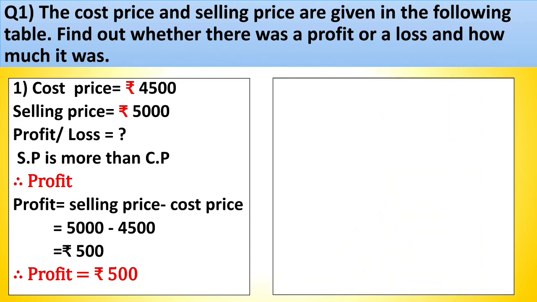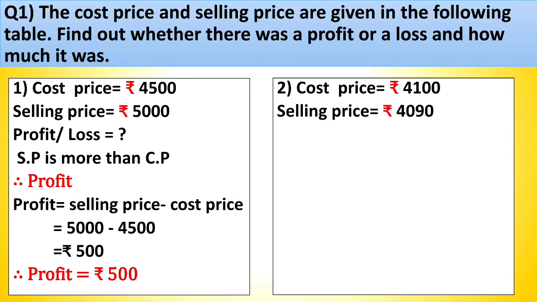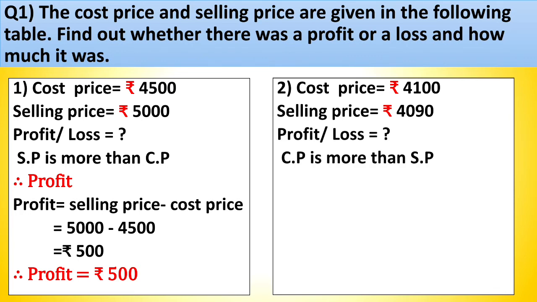A second sum is given. Cost price is given 4,100. Selling price is given 4,090. Here selling price is less than cost price. It means cost price is more than the selling price. So here we made what? Loss.